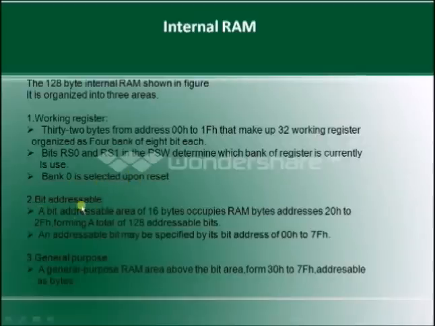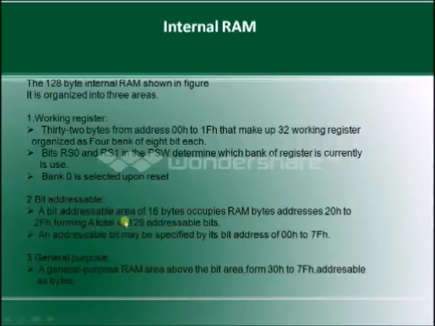Now the bit addressable area. A bit addressable area of 16 bytes occupies RAM byte addresses from 20 to 2FH, forming a total of 128 addressable bits. Here 20 to 2F is a total of 16 bytes, and 16 bytes is 128 bits. So I can access an individual bit without modifying the content of the other bits.